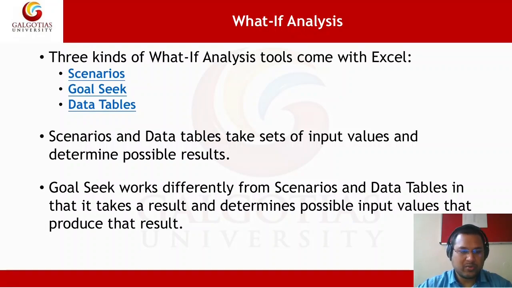Now how much do you have to score in the final exam to get 90% in total? In this case you already know you have to get 90%, and you know the different values, but one value is missing, that is the final marks. What marks will you get in the final so that your percentage will be 90? That is actually goal seek.